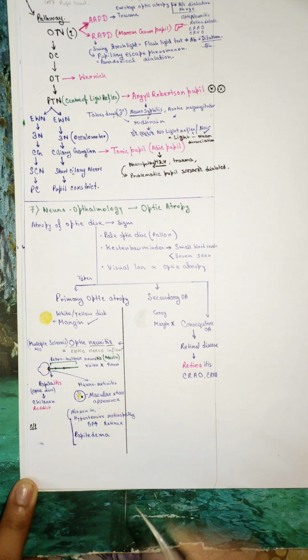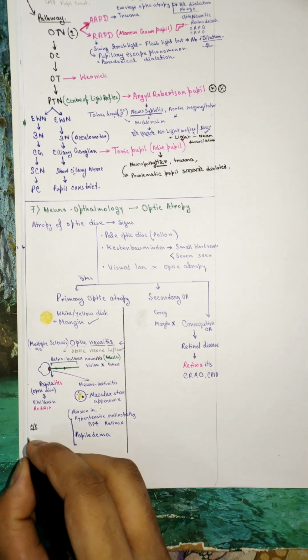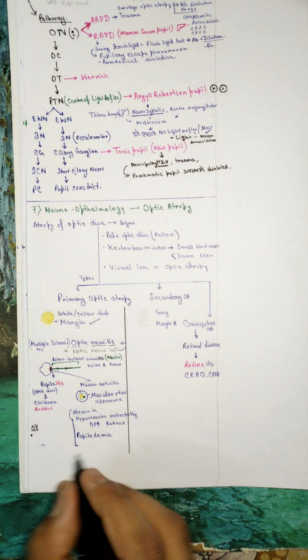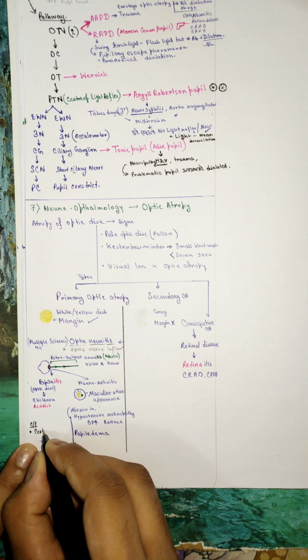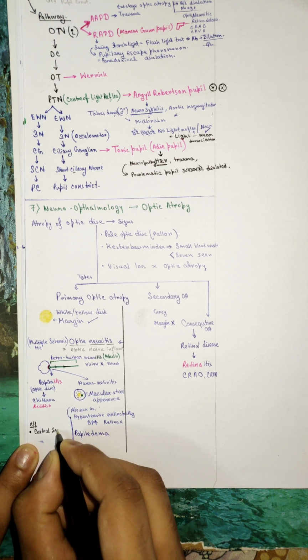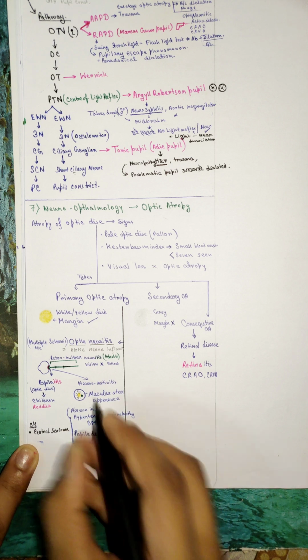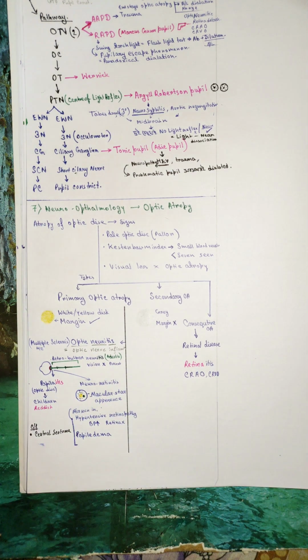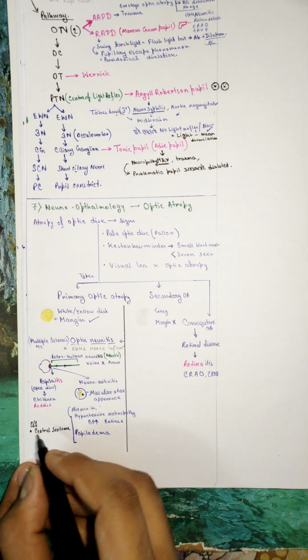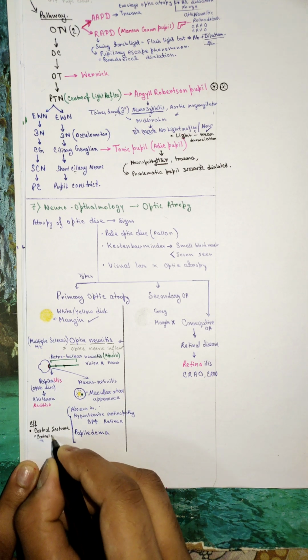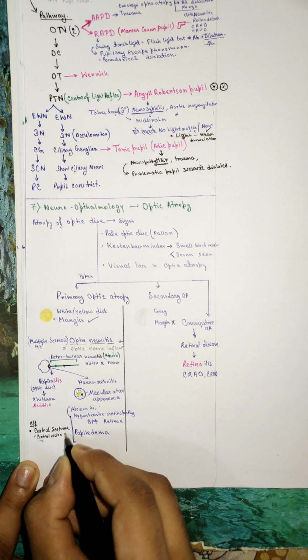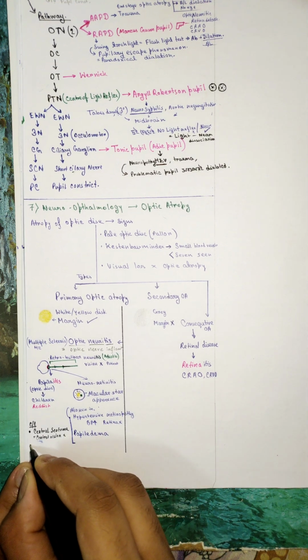Clinical features will be scotoma, central scotoma. That means macular vision is lost. So obviously central scotoma, optic nerve lesion, macula getting lost, central vision will be lost. That is called central scotoma, equal to central vision loss, nothing else. Okay. Central scotoma.